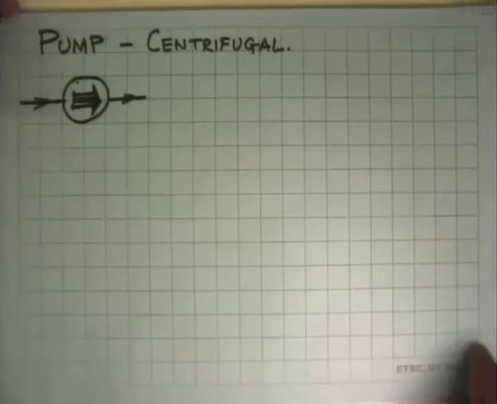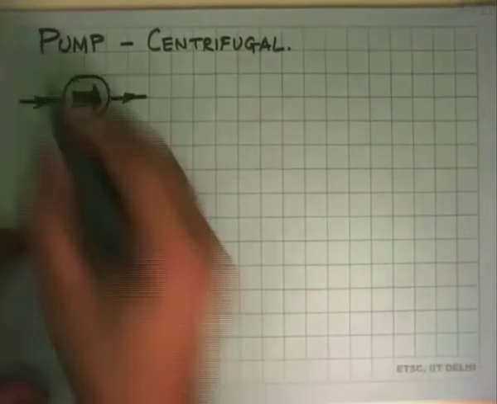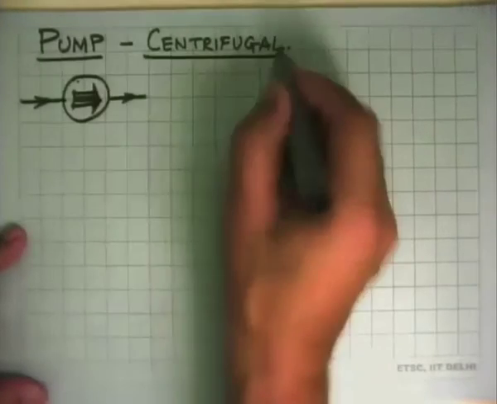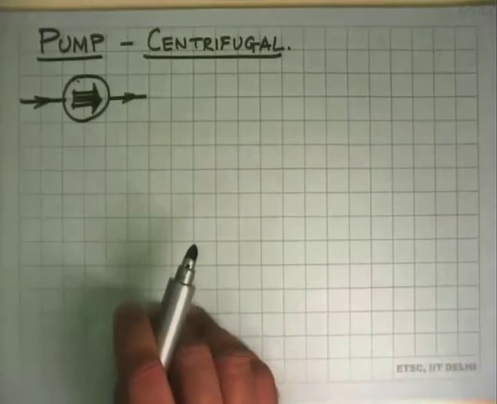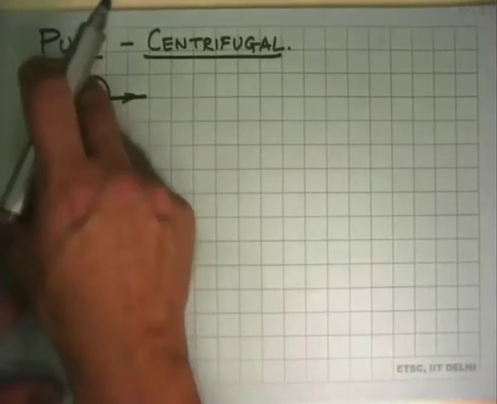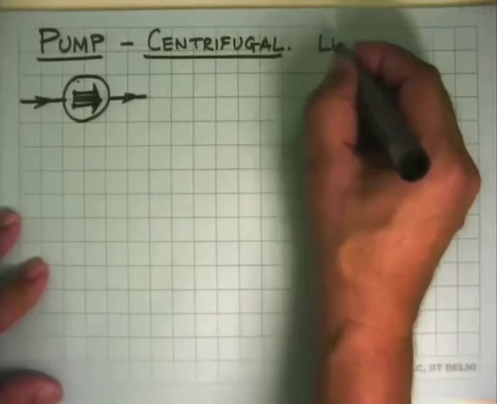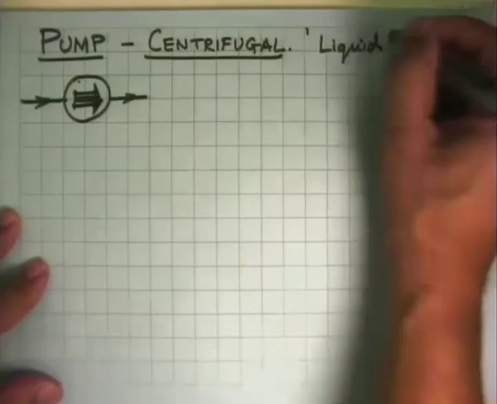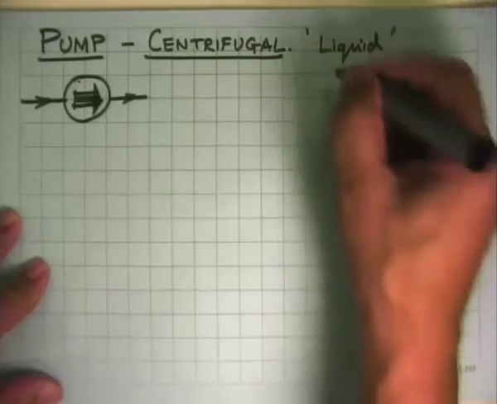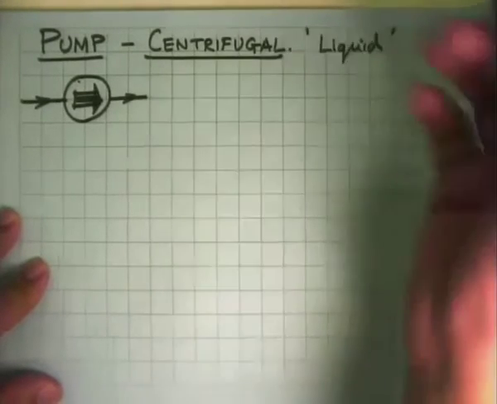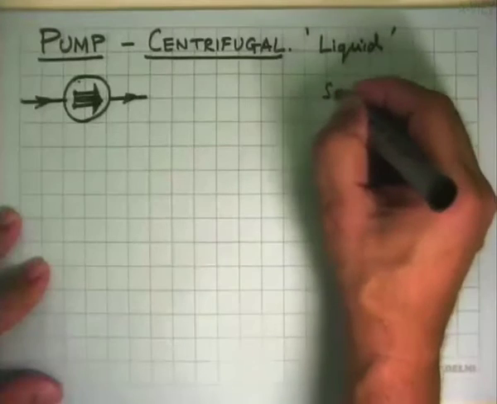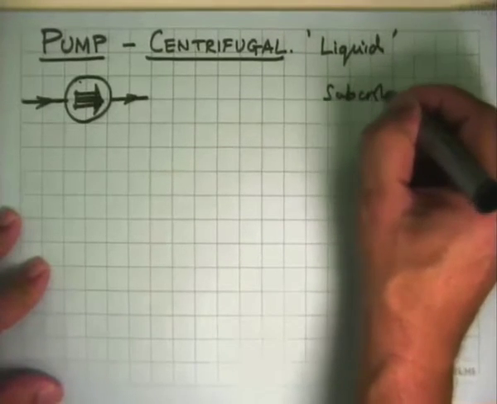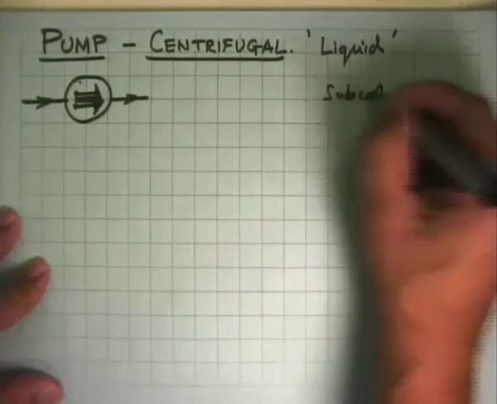So now we come to the counterpart of the compressors and fans, and we now look at a centrifugal pump. The word pump means that this handles a liquid. But what we know from thermodynamics is that what we call in common language a liquid, we can call either a subcooled liquid or a compressed liquid.